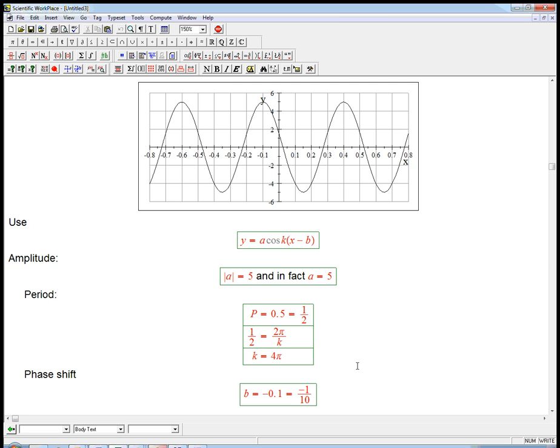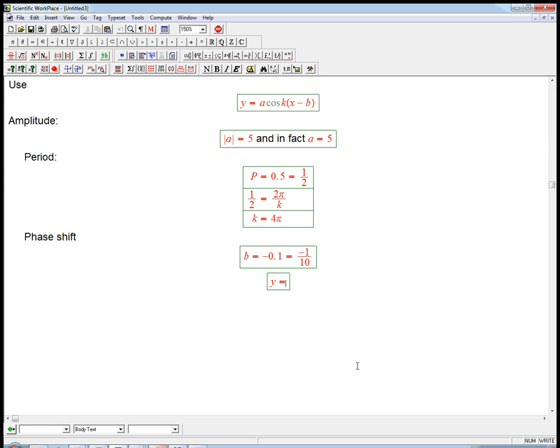Okay, so now let's just write it. We got y equals 5 cosine 4 pi times x minus a minus 1/10. Okay, and so that's cosine of 4 pi times x plus 1/10.